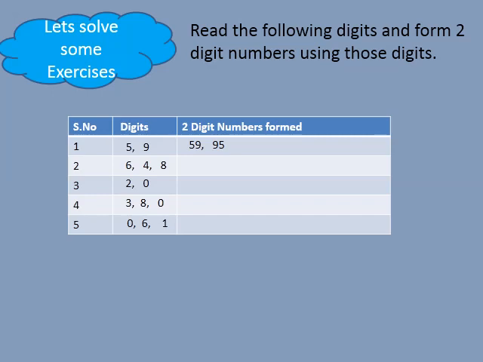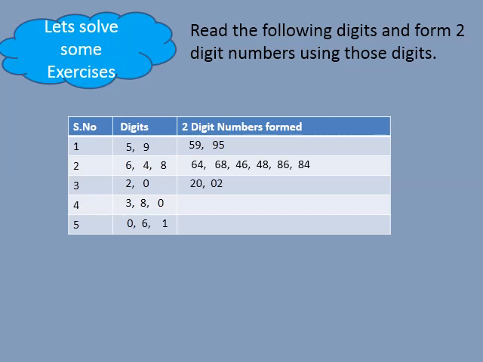Then 6 in the tens place and 8 in the units place is 68. Similarly, we will do 4 in the tens place and 6 in the units place is 46. And 4 in the tens place and 8 in the units place is 48. And the last two numbers that we form are 86 and 84.